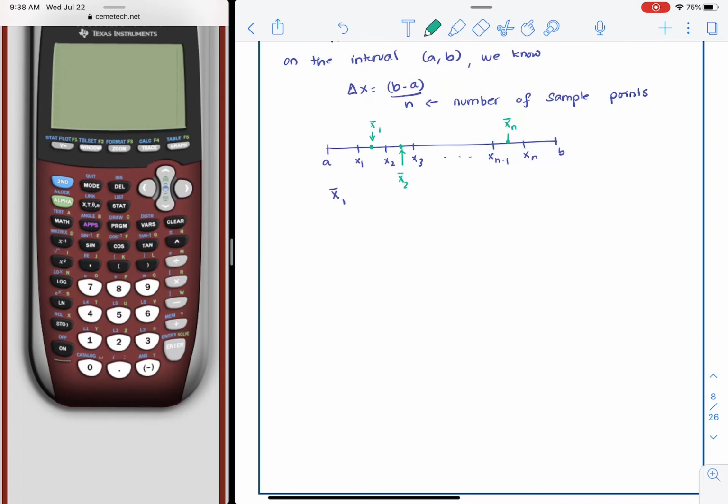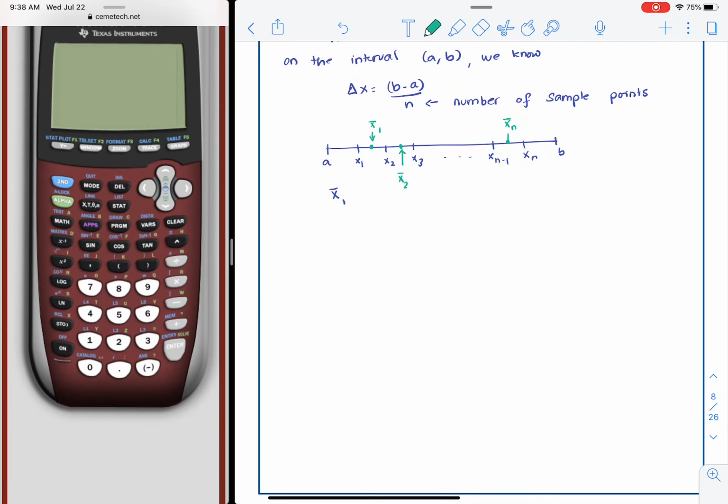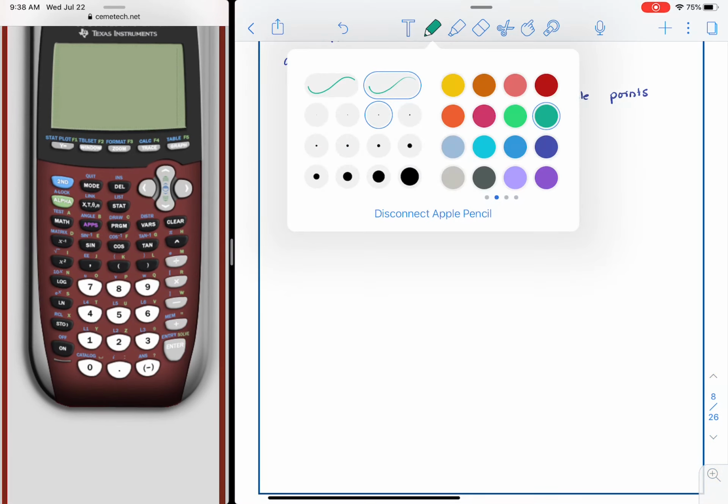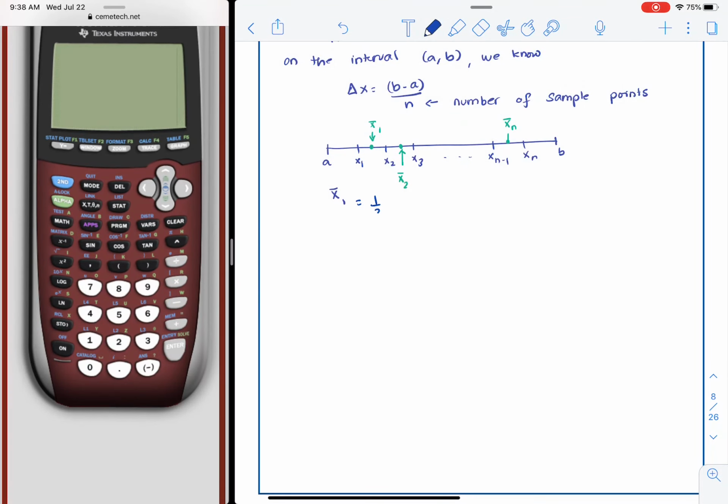So x bar 1 is simply 1/2 of x1 plus x2. x bar 2 is simply 1/2 of x3 plus x2, all the way up to x bar n, which is 1/2 of xn plus xn minus 1.